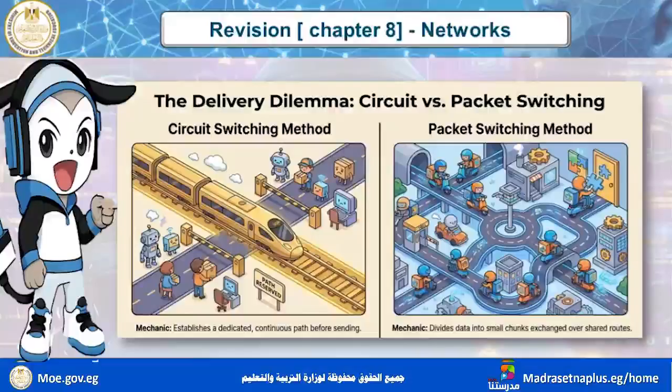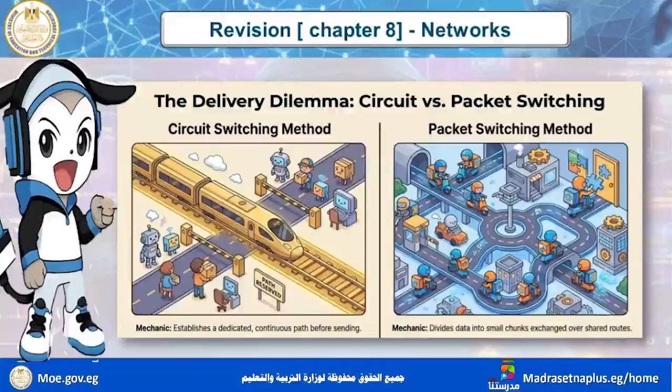So in the left picture, we have only one path, so the full data passes in this path. But here we have many routes and much exchanging of data at the same time.